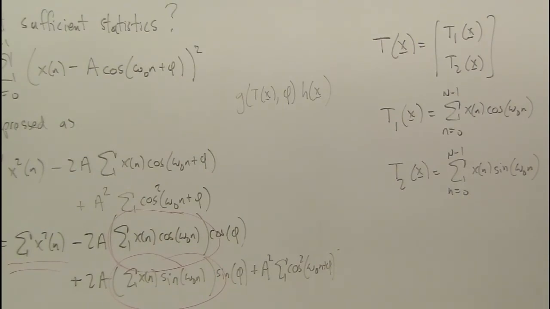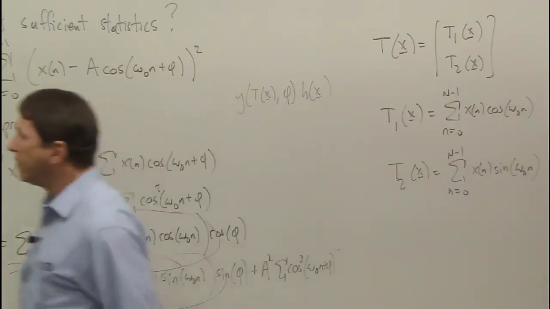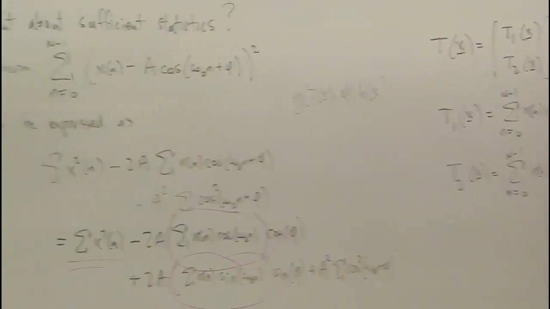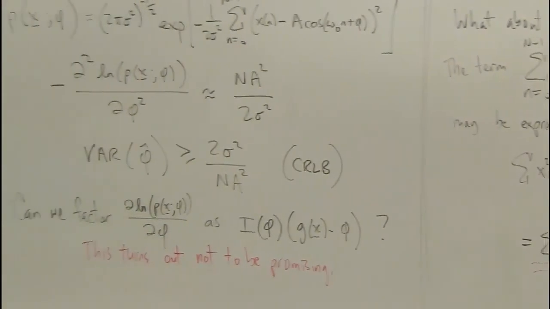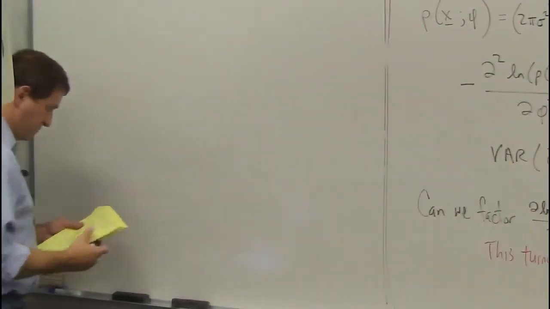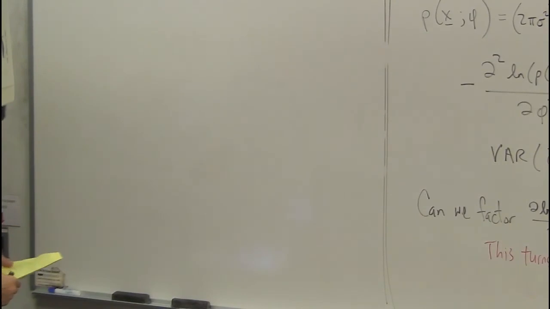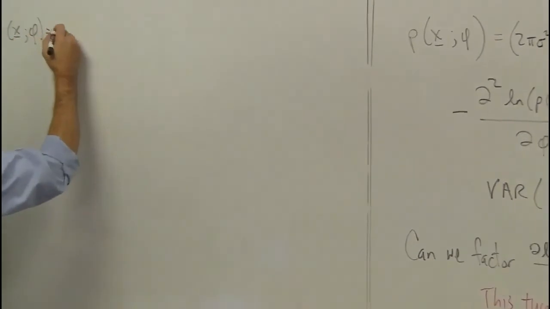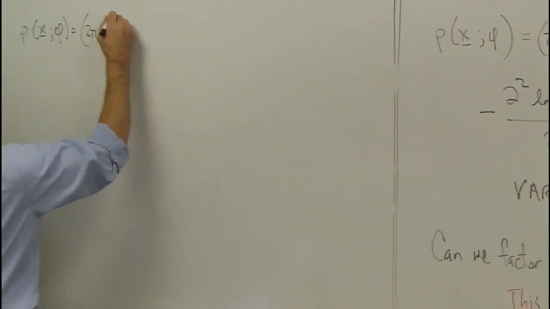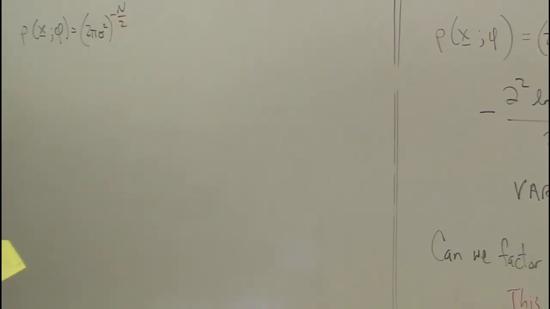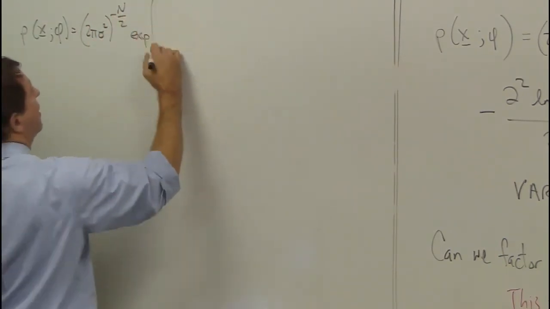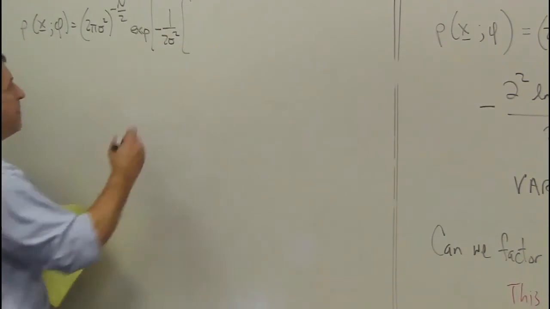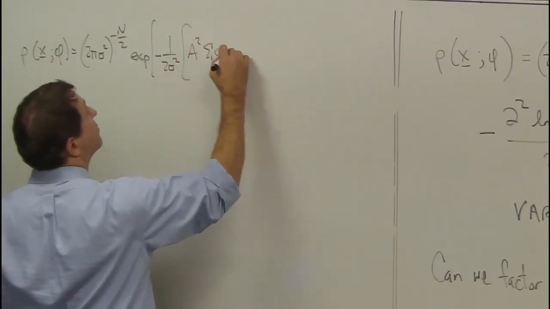Well, if we do that, let's write out the PDF. Right, p of x, phi is going to be 2 pi sigma squared to the minus n over 2 times the exponential of minus 1 over twice sigma squared times a squared times the sum of the cosine squared.